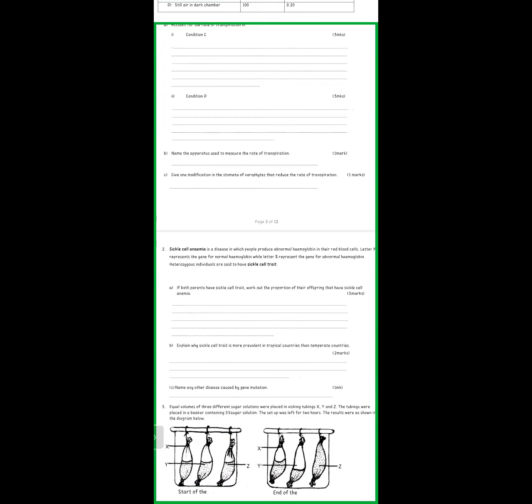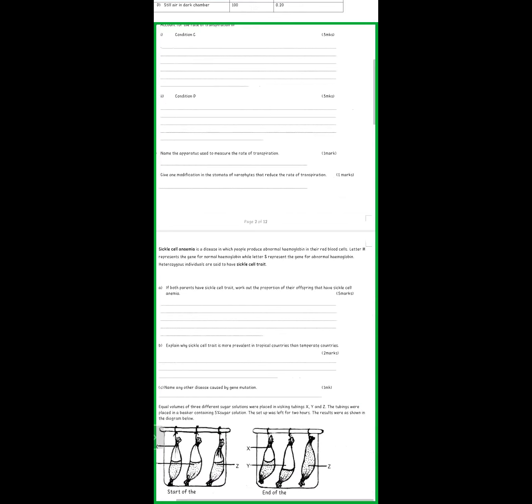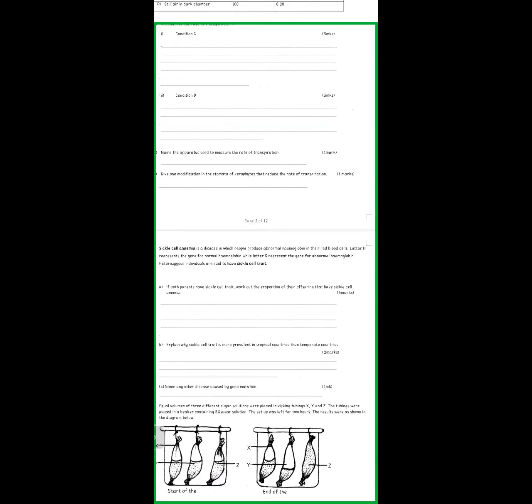Question number 2. Sickle cell anemia is a disease in which people produce abnormal hemoglobin in their red blood cells. Letter capital H represents the gene for normal hemoglobin, while letter capital S represents the gene for abnormal hemoglobin.